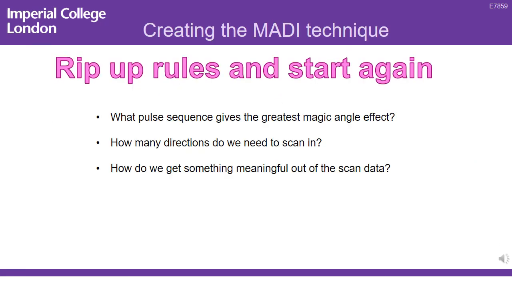In order to create the MADI technique, we had to rip up the rules and start again from scratch. So to do that, we determined which pulse sequence gave the greatest magic angle effect, how many directions we actually need to scan in, and how do we get something meaningful out of the data?